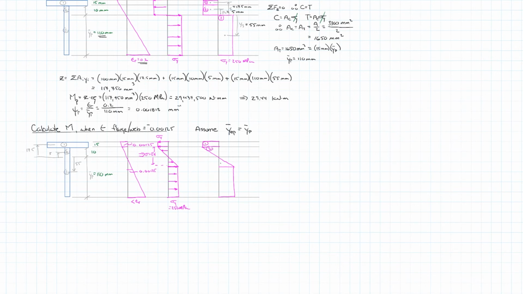So 1, 2, which will be in compression, 3 and 4, which are going to be in tension. And I'll put dots for my centroids again.